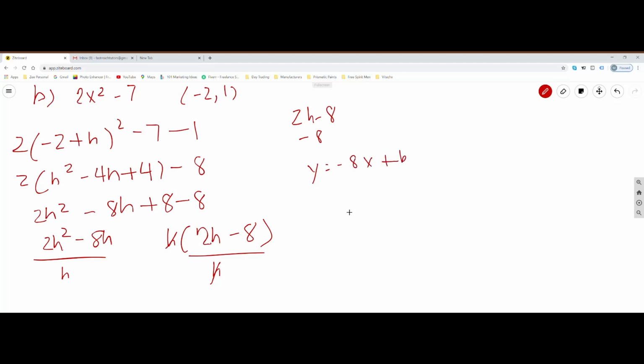Substitute the points that you have, so it's 1 equals negative 8 times negative 2 plus b. 1, so 16 positive, equals b. You get negative 15 equals b. So y equals negative 8x minus 15.